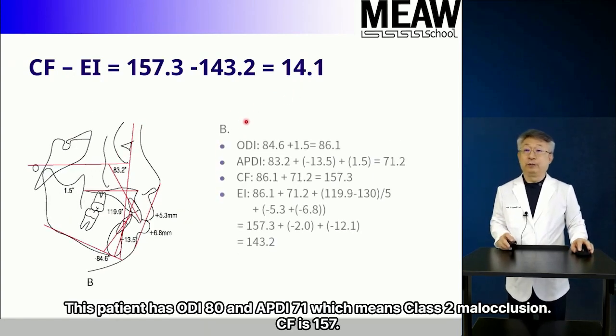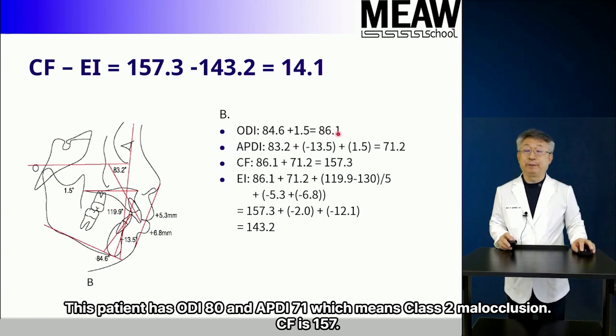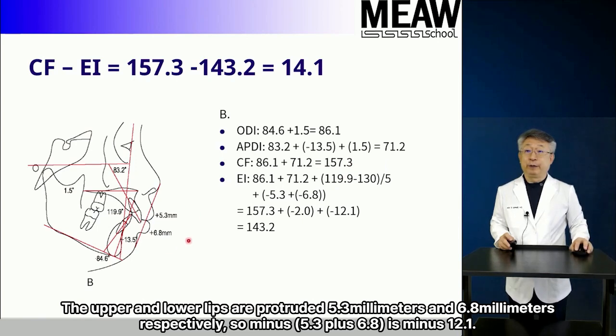This patient has ODI 80 and a PDI 71, which means class 2 molar occlusion. CF is 157. The upper and lower lips are protruded 5.3 mm and 6.8 mm respectively, so minus 5.3 plus 6.8 is minus 12.1.